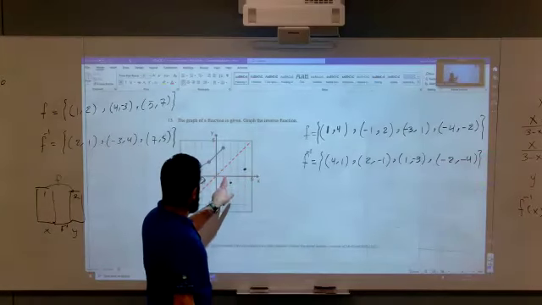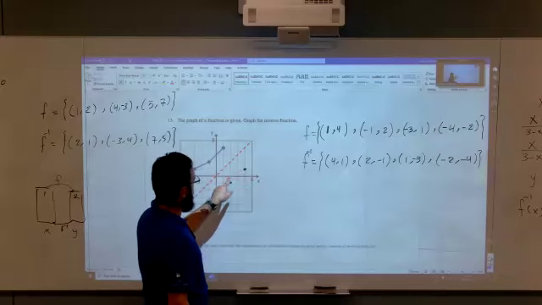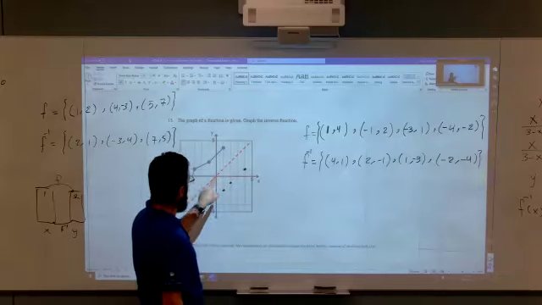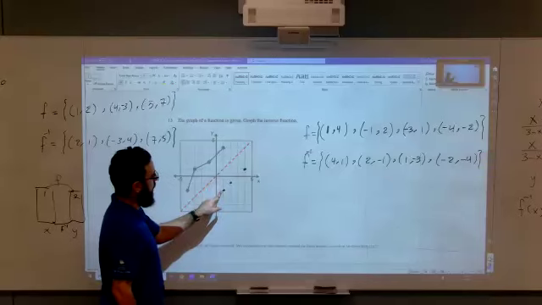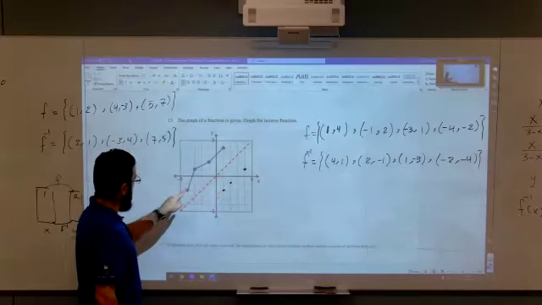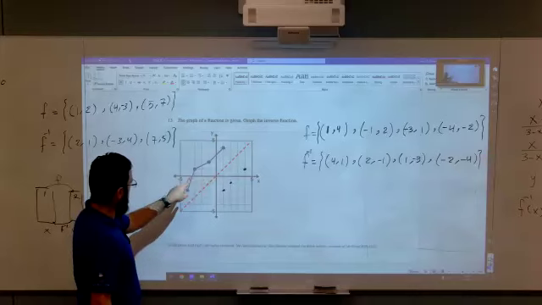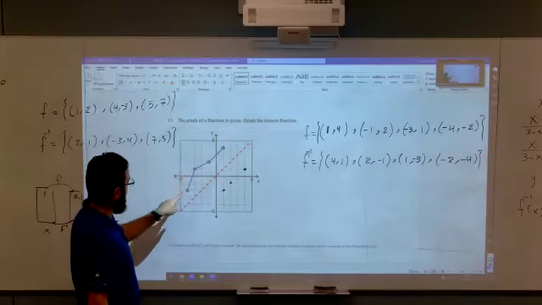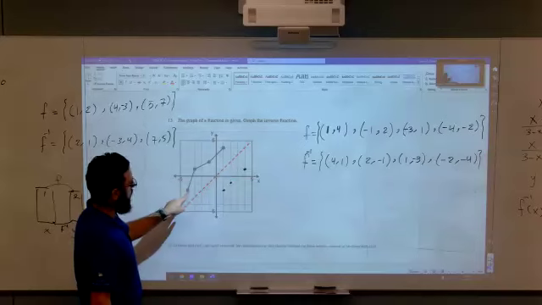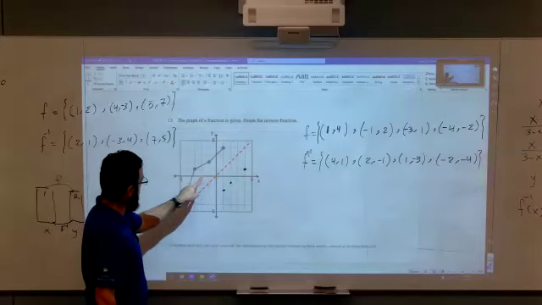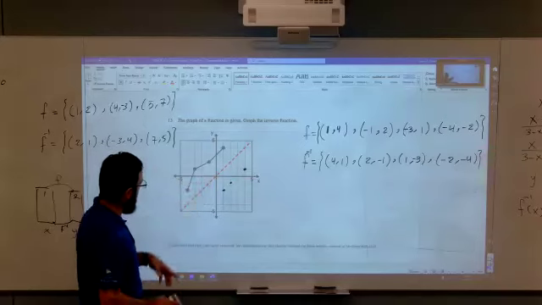This is (4, 1). This is (2, -1). This is (1, -3). And the last one is negative 4 and negative 2, so it's going to be (-2, -4) here.